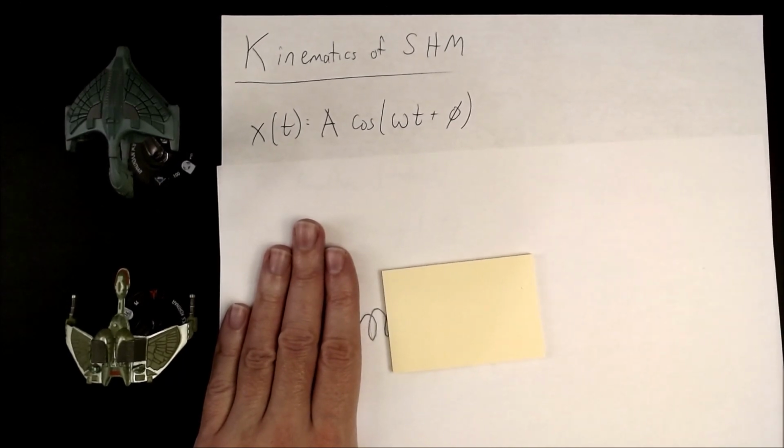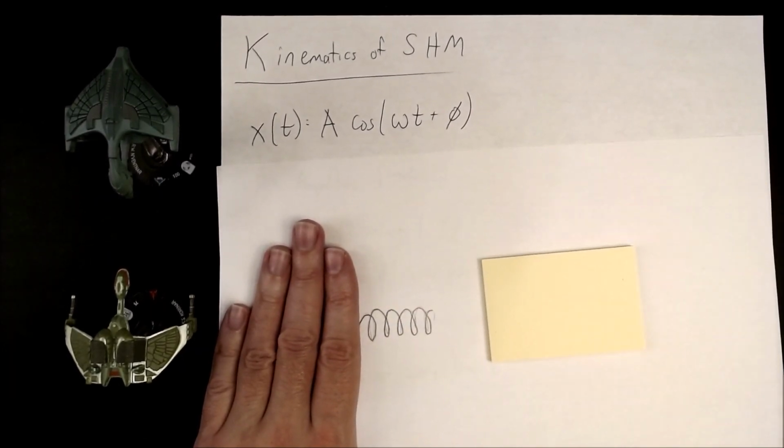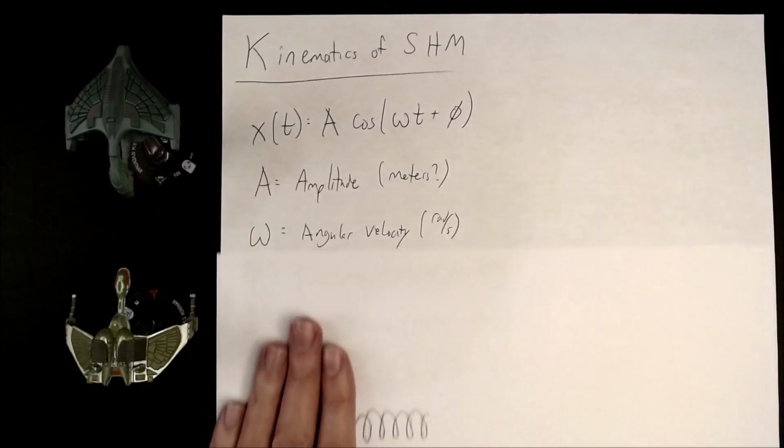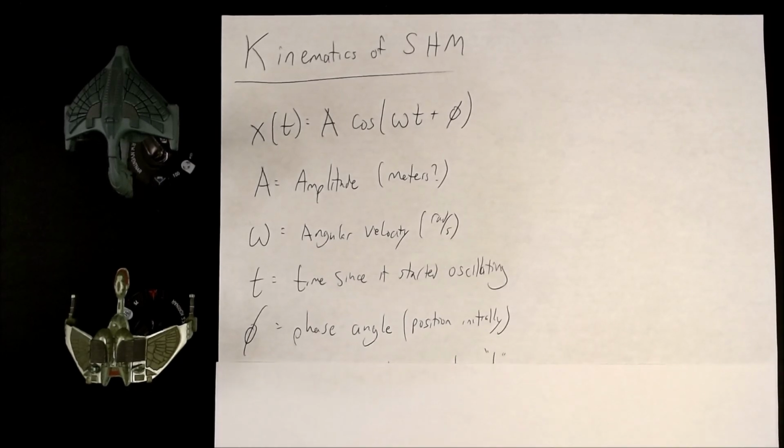You might start with it already compressed, already stretched out, or halfway between 0 and stretched out or something. And so that phi will tell you that phase angle, that initial position as an angle in the oscillation. So watch those videos that I have in the description, and that angle stuff will make sense. And then x of t is the position at some time t.